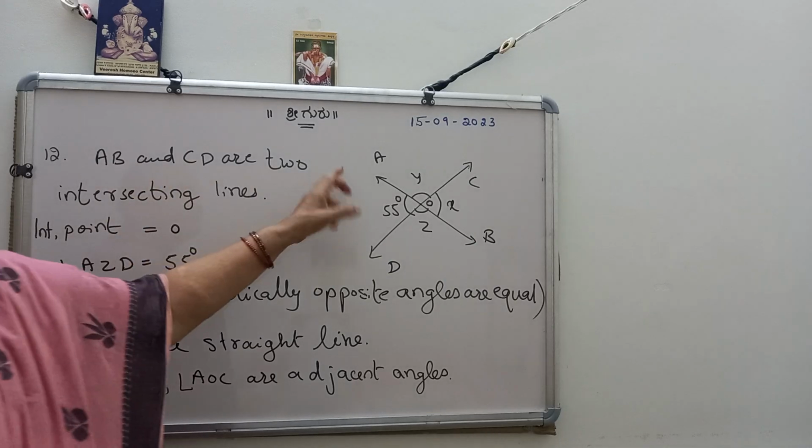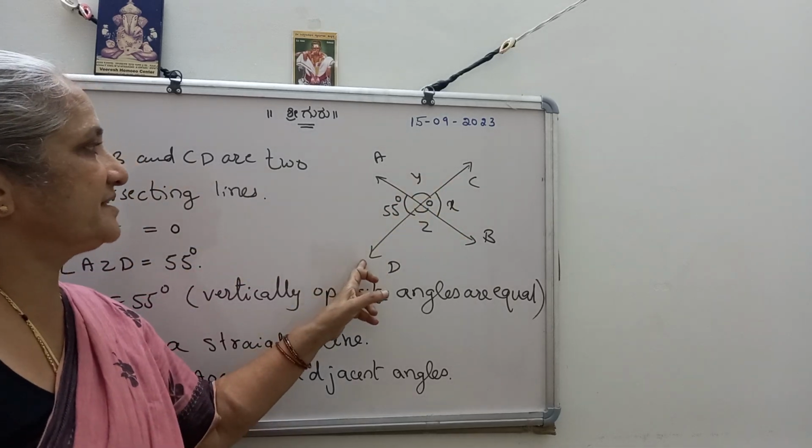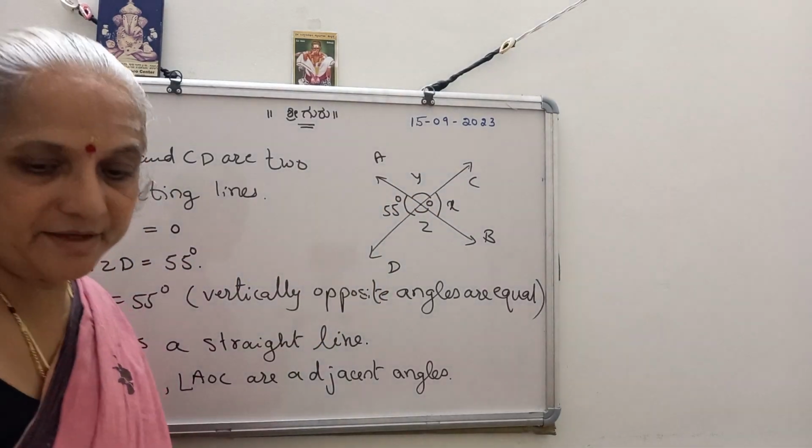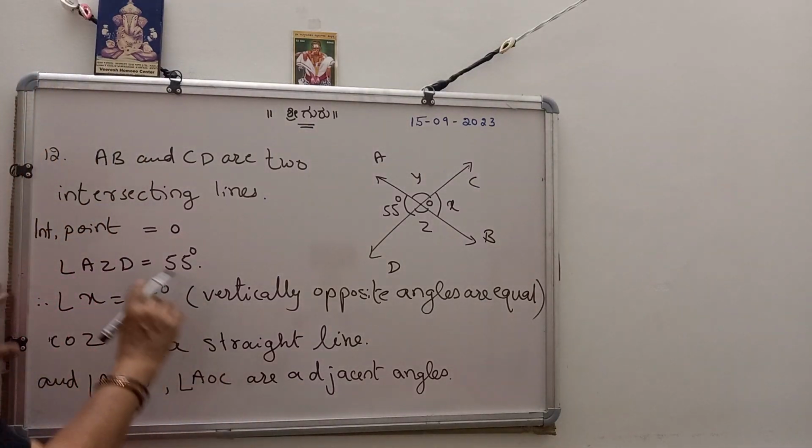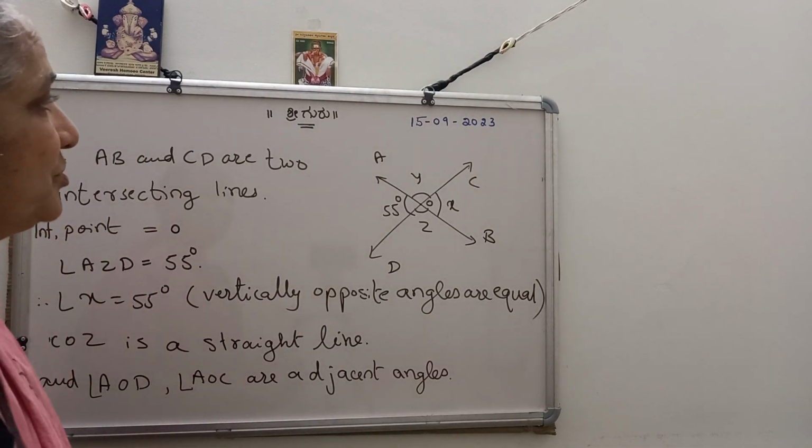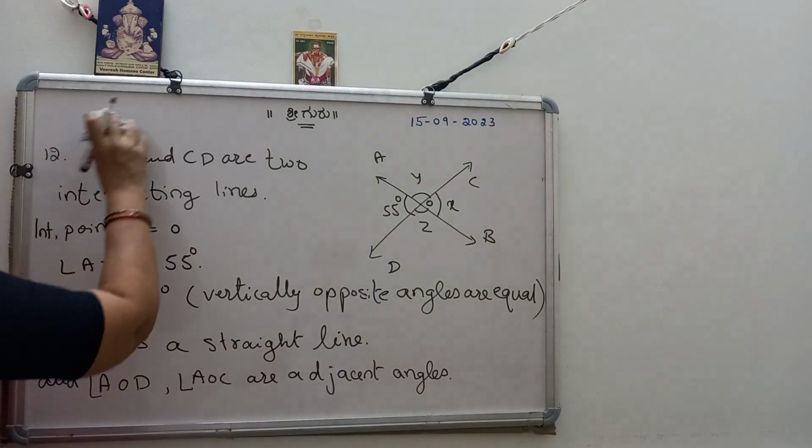Being adjacent angles and COD is a straight line, they make a linear pair. The sum of those two angles is 180 degrees.